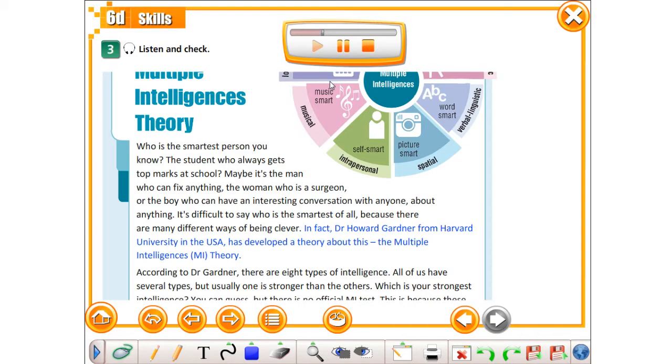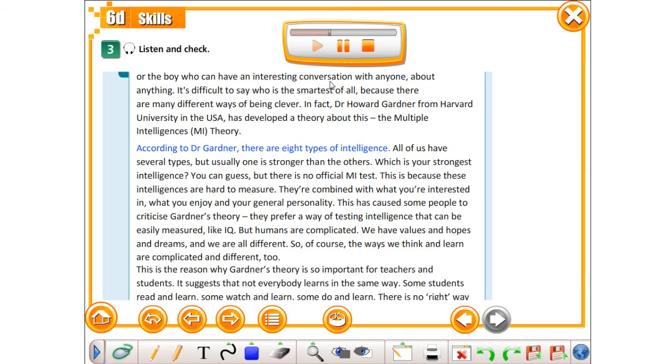In fact, Dr. Howard Gardner from Harvard University in the USA has developed a theory about this, the multiple intelligences, MI theory. According to Dr. Gardner, there are 8 types of intelligence. All of us have several types, but usually one is stronger than the others. Which is your strongest intelligence?